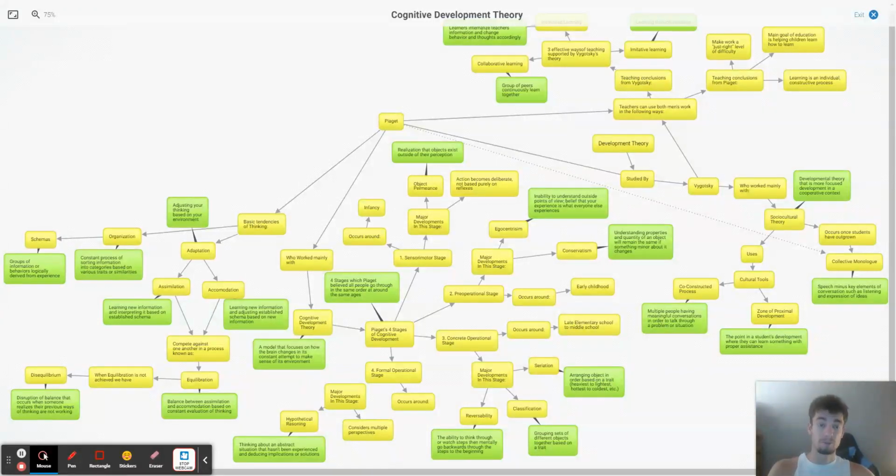And conclusions from Piaget. He concluded that you have to make work the just-right level of difficulty. That means you have to be very aware of what stage of cognitive development your students are at, and ensure that it's not work that they're physically not able to think about.